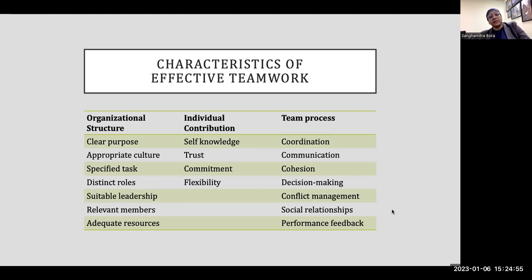Now, what are the characteristics of an effective teamwork? Basically, there are three categories. One is organizational structure, another one is the individual contribution, and the team processes. Coming to the organizational structure, the organization responsible for bringing out the home care team or the palliative care team must have a clear purpose, which is very, very important.